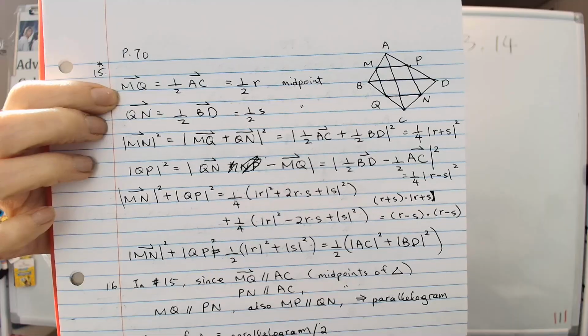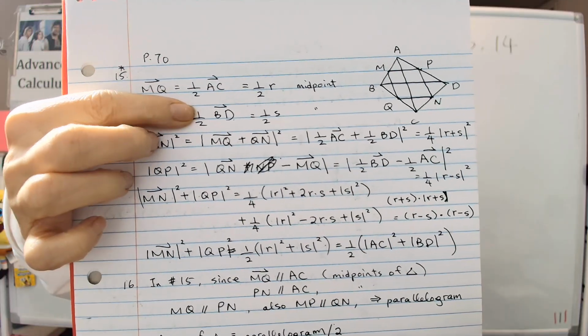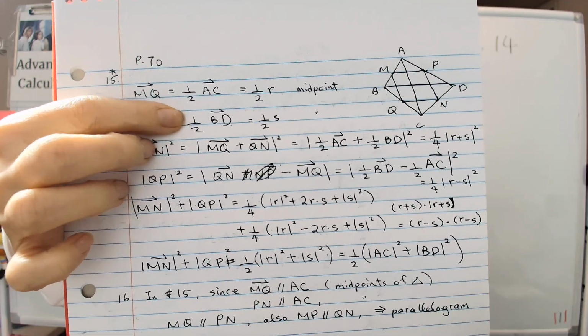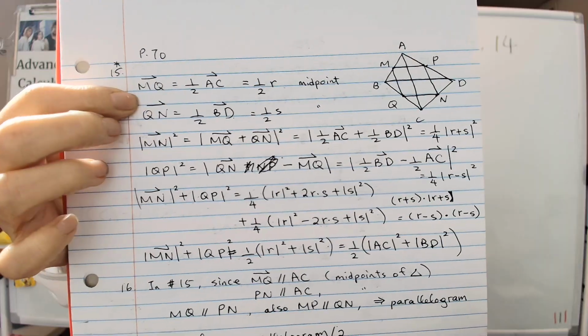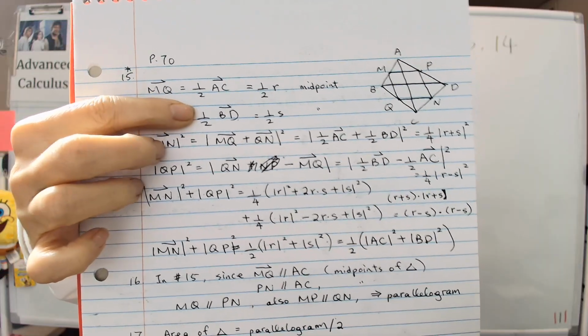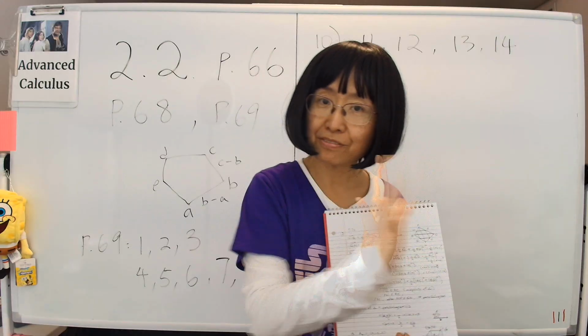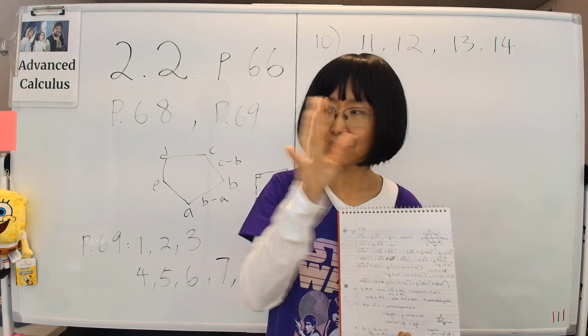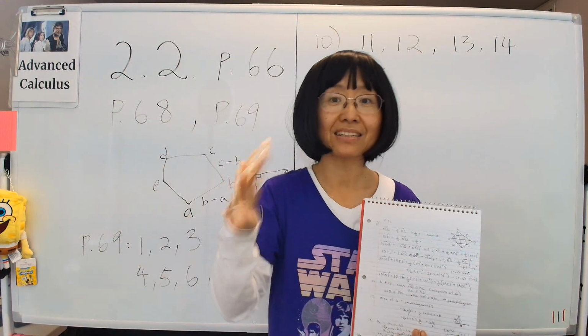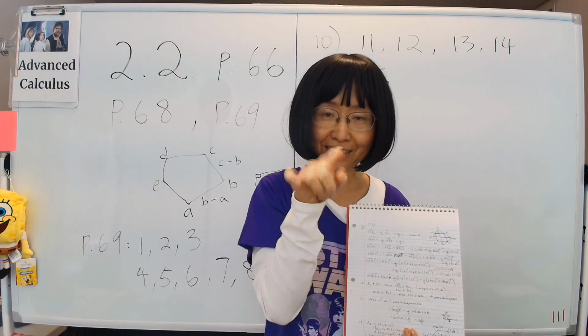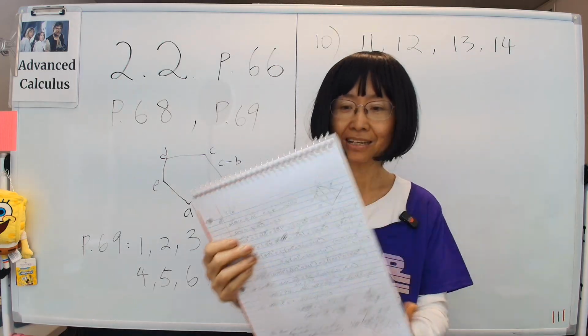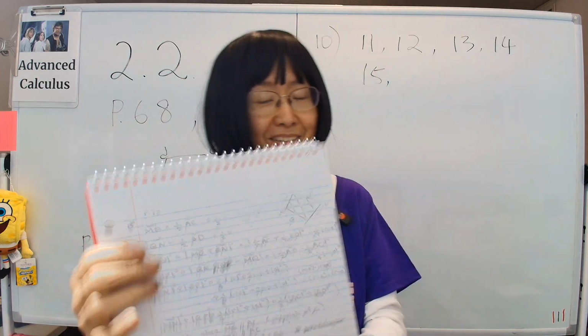And what matters here is that the length of MQ is half, in fact MQ itself, the vector, is half of the vector AC, if you're allowed to move vectors around, because the triangle is the midpoint and so on. The segment joining the midpoints is half the base. This is from geometry, and we're going to use that information.